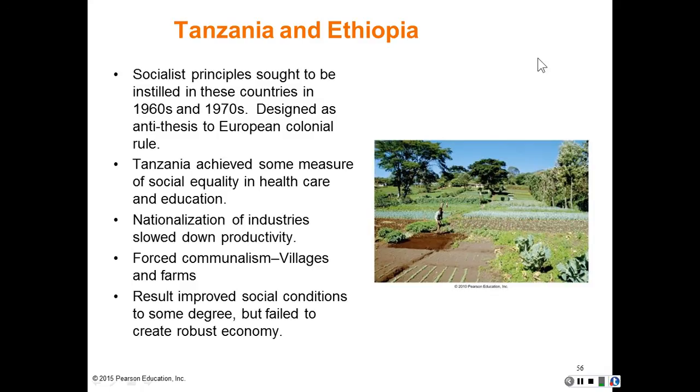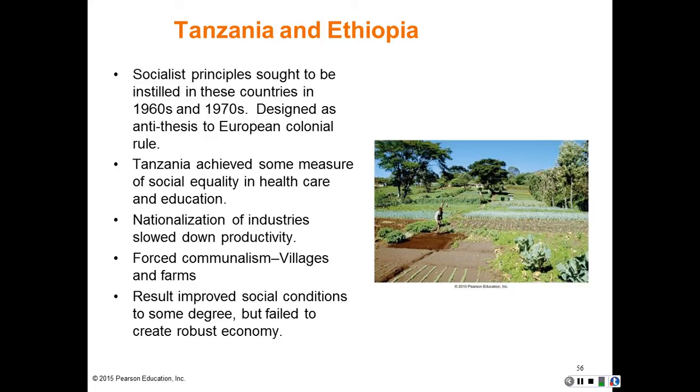Tanzania and Ethiopia are both socialist countries, with socialist principles sought to be instilled in the 1960s and 1970s. These policies were designed as an antithesis to European colonial rule. Tanzania received some measure of social equity in healthcare and education, not uncommon in a socialist country.